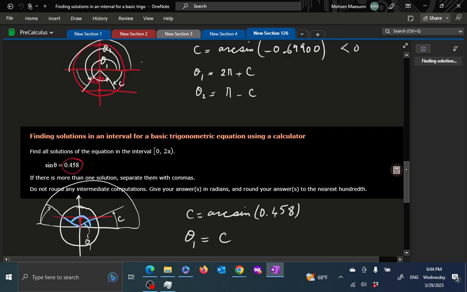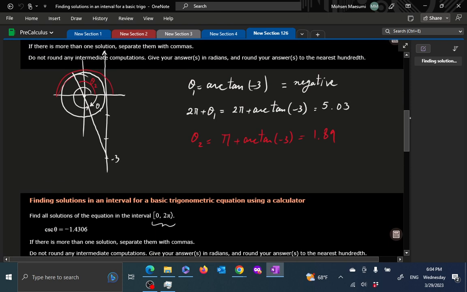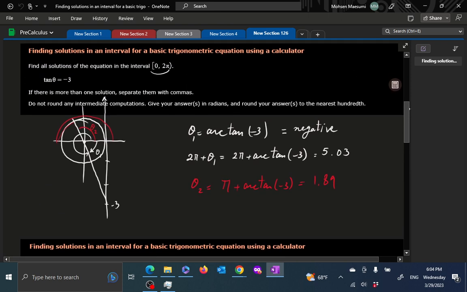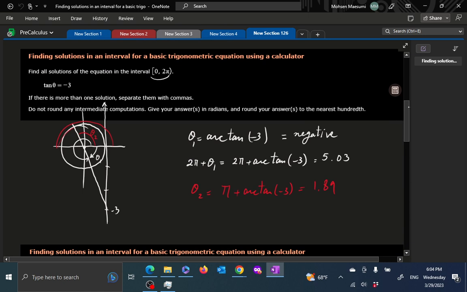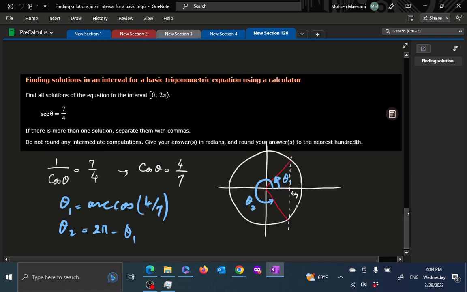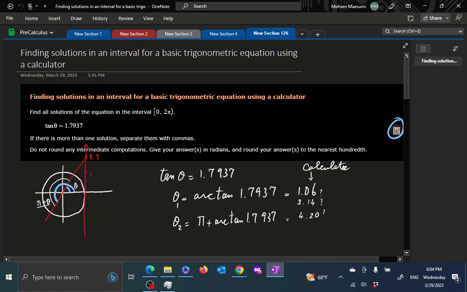In some cases the calculator answer is not what we are going to use. For example, when tangent is a negative number, the answer that the calculator gives you is also negative, and that is not in the range accepted here. So you practice these problems and form an intuition about these functions, which will be with you for a long time. Until next time, good luck and God bless.